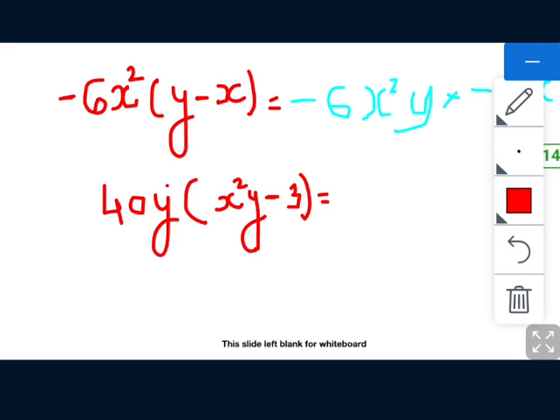Yes, only the difference is it's like you have written minus 6x squared y, that's correct, and here it will be plus. Okay, so plus 6x cube.